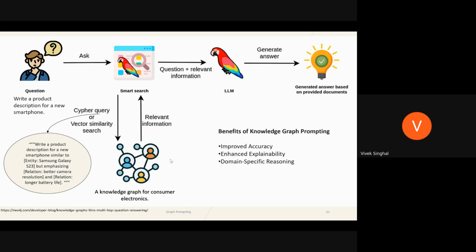Just implementation itself is very complex. So performance compared to an existing RAG pipeline is hard to say. It is better to keep the solution simple. If RAG is doing reasonable justice, we stick to it, because bringing in a graph and implementing it itself will be very difficult.